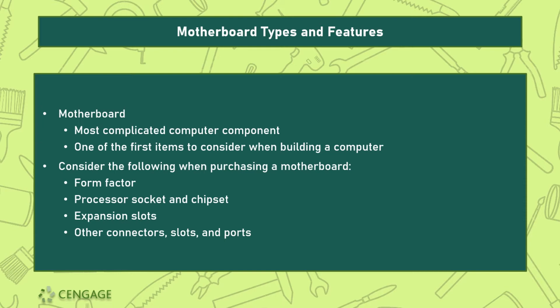Expansion slots. If we know that we're going to need a particular set of features and the motherboard does not inherently possess it, we have to find a way to include that as part of our expansion. We also want to make sure that in the event of a particular machine for multi-purpose, say, we want to have some expansion slots in reserve to be able to make modifications later. And then, of course, other slots, ports, and connectors for various functions.